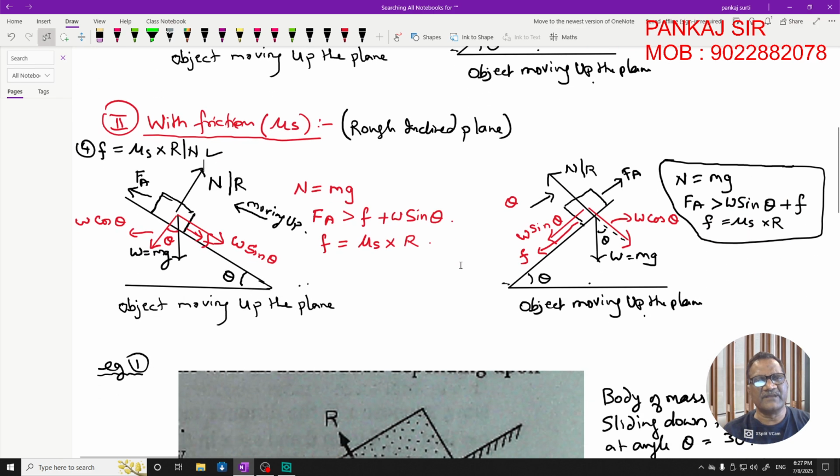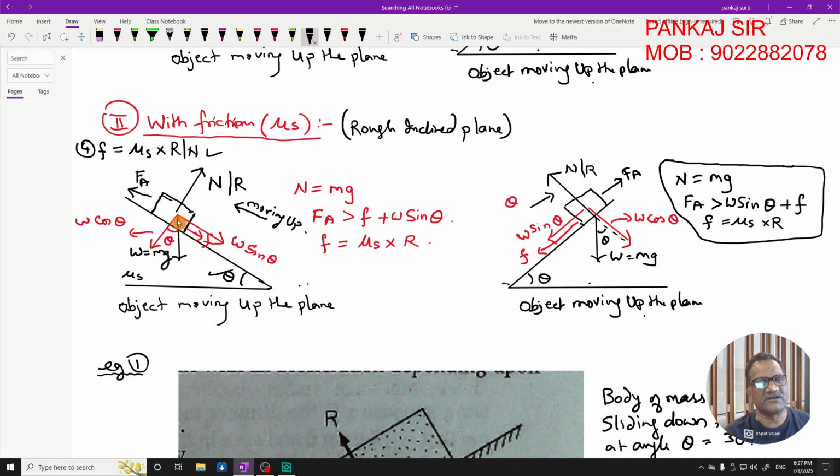Going along the same line, suppose you have an inclined plane with angle of inclination theta, and a block placed on the inclined plane. But now this block has some friction as well, because it has some mu s value. Frictional force will always be in the opposite direction of the motion of the object.